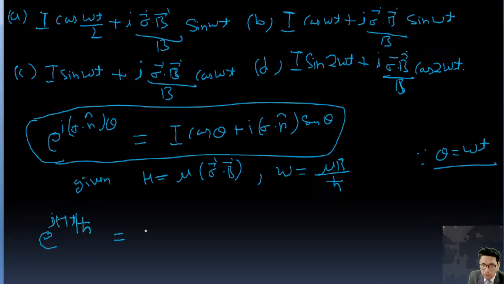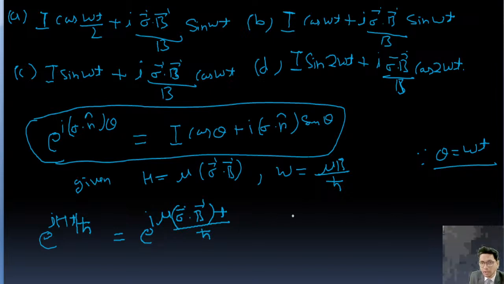So e to the power iota, the value of the Hamiltonian is mu into sigma dot vector B, t upon h cut.